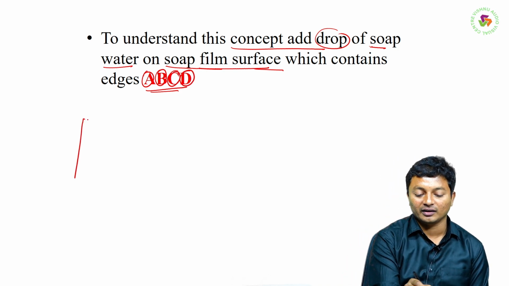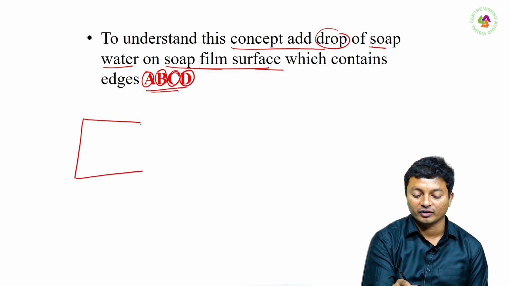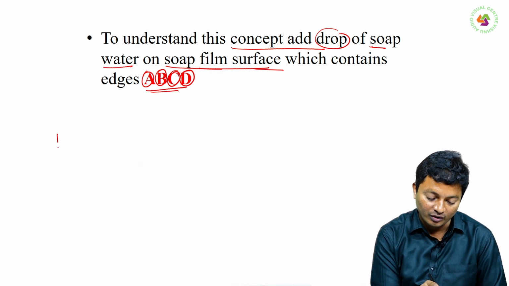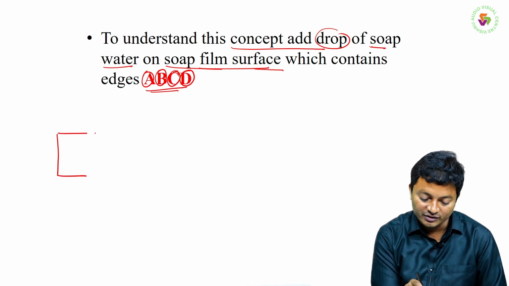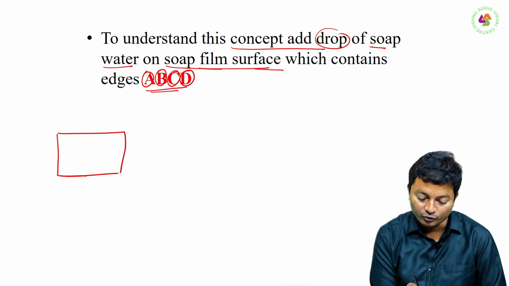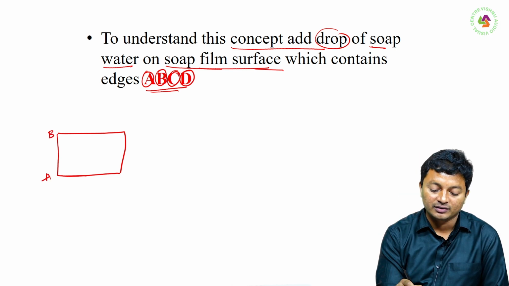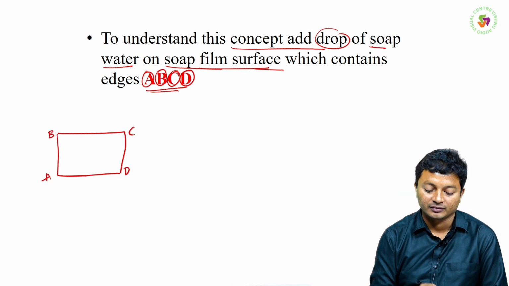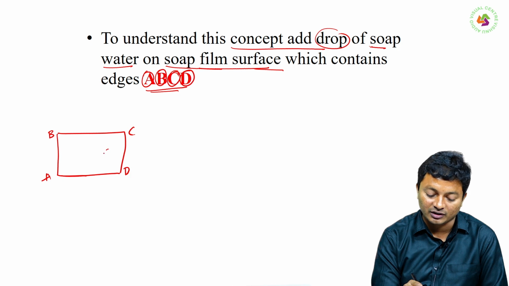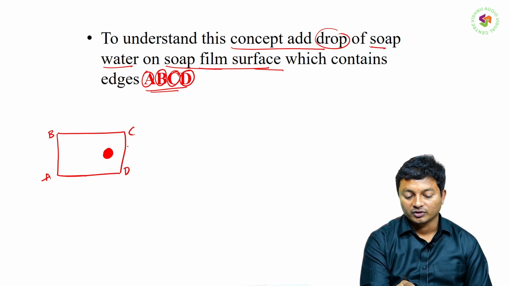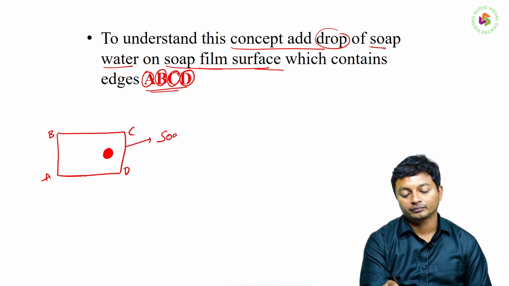In the above example, we need to have a film surface which contains 4 edges A, B, C and D. On this surface, we need to add the soap drop here.